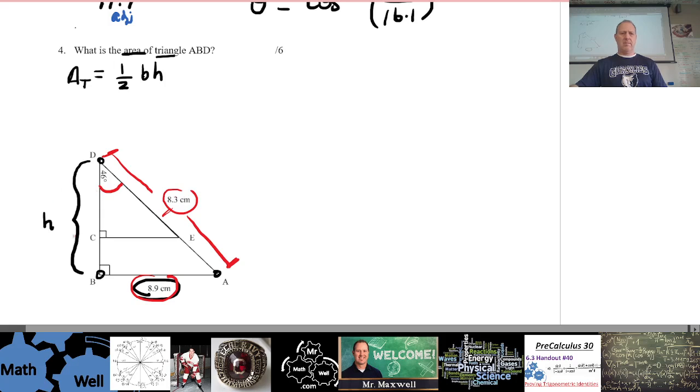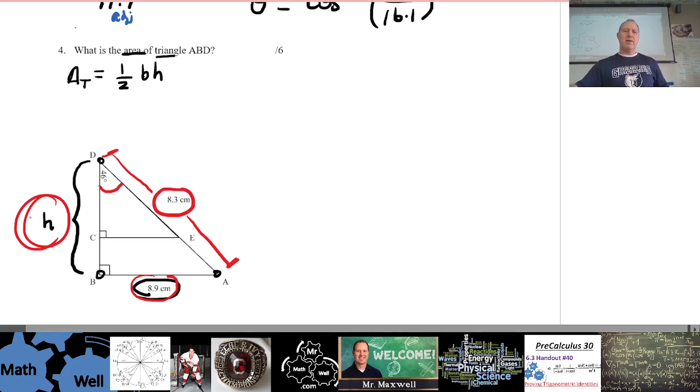The base is the whole side, right? The area of triangle ABD. 1/2 base times height. Yeah, all I need to find is the h here. I don't think I even need this. I don't even need either of these. I just need one of them, I think. I'm doing this for the first time too, so.